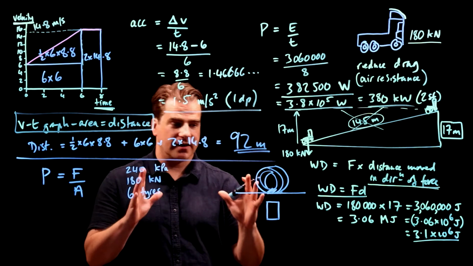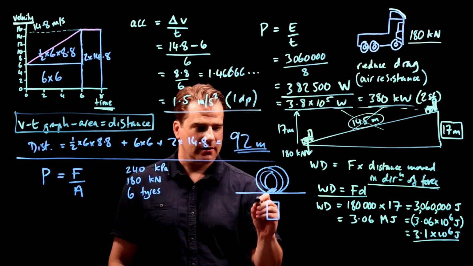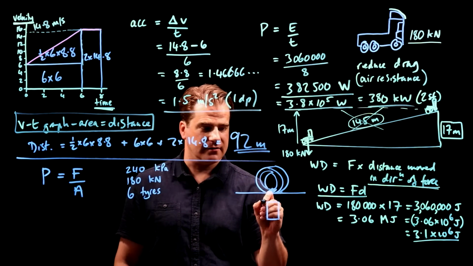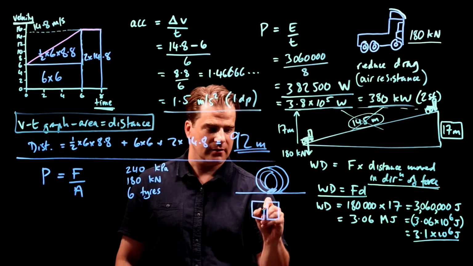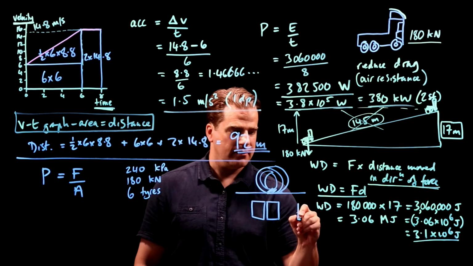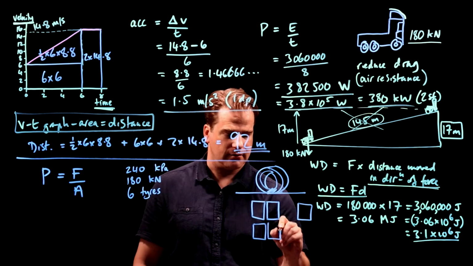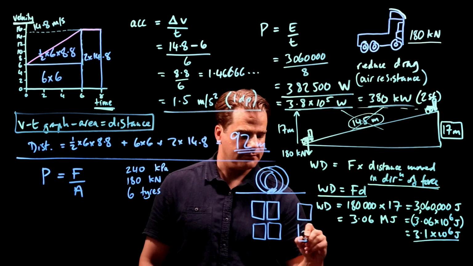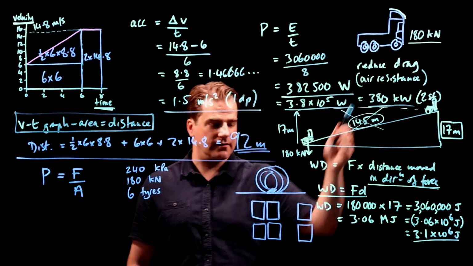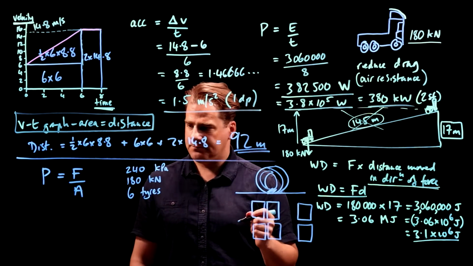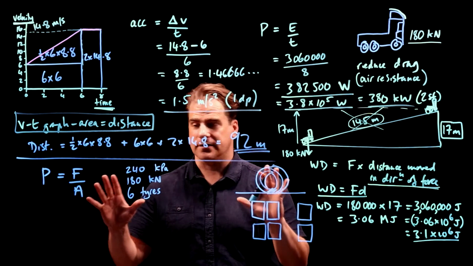The point is there are 6 tyres, so you've actually got 6 of these areas, right? So the 2 tyres at the back, 1 at the front on both sides, right? Okay, 6 tyres. So just stick it in the equation, right?